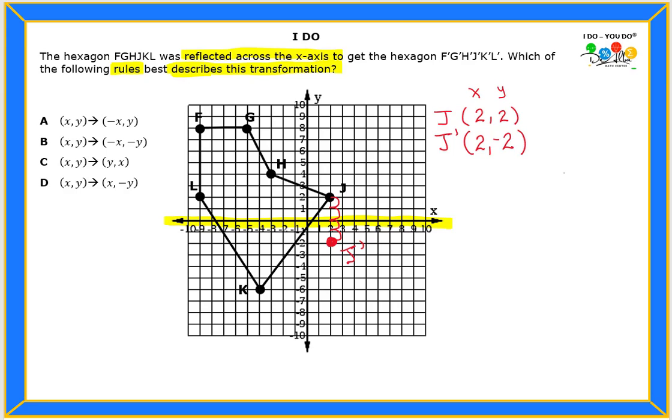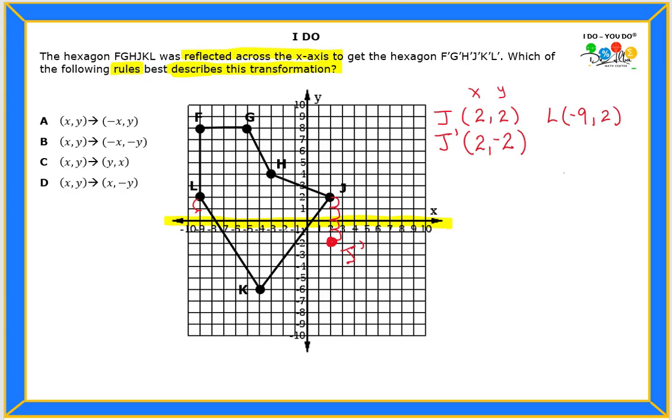So I don't know if you see a connection, but if you're still not there yet, we can go ahead and look at, for example, L. Okay, so the coordinates for L are negative 9 and positive 2. Okay, so we're going to do the same thing. We're going to tell L to walk towards the x-axis, right?